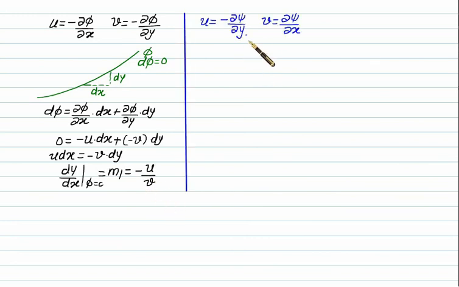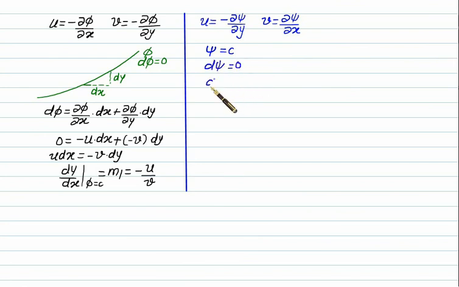Whereas if we partially differentiate the stream function with respect to y, we get the velocity u, and we are using a minus sign here to satisfy the continuity equation. If we take the partial derivative of psi, the stream function, with respect to x, we get the velocity v. Suppose we have a constant value of the stream function. In that case we have d psi equal to 0.